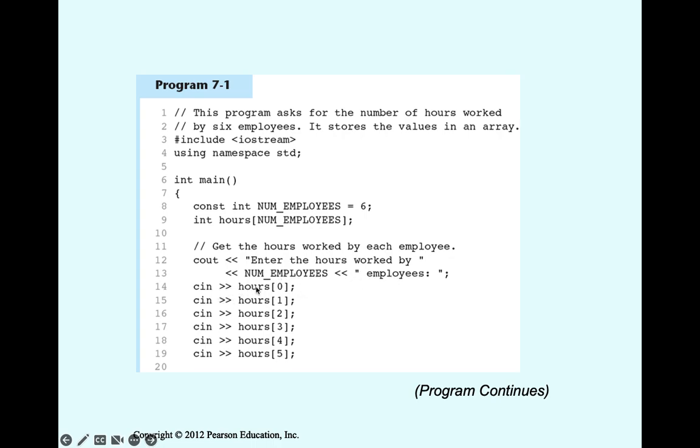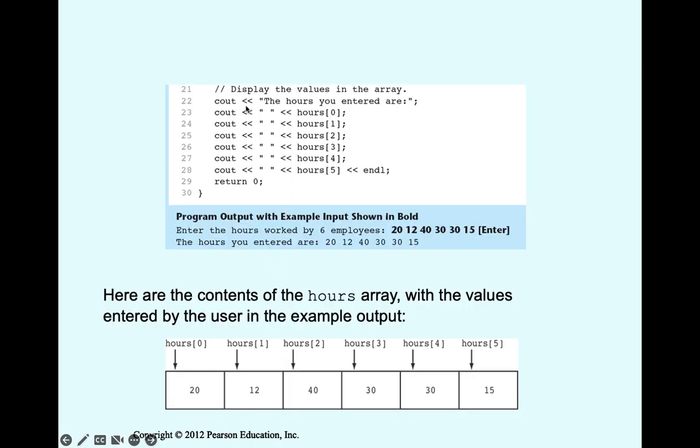We make input for hours[0], 1 till 5, and after that we print these values. Here we input the 6 values, and here we print them. So this is the array. It has 6 elements, every element takes input from the user, and we can print them.